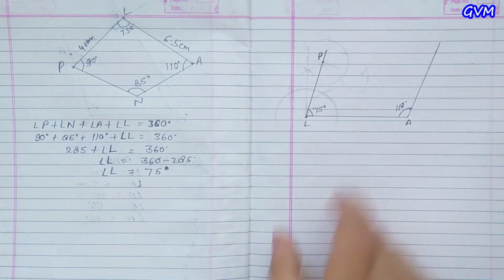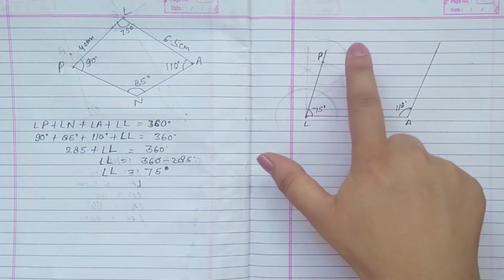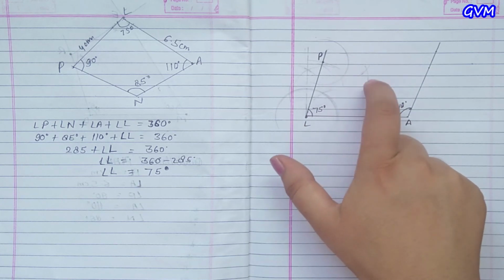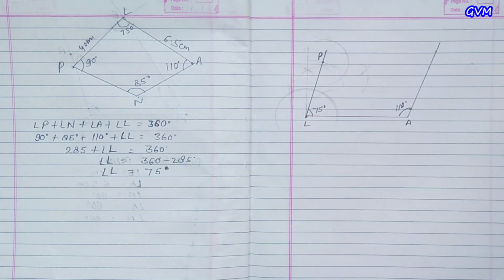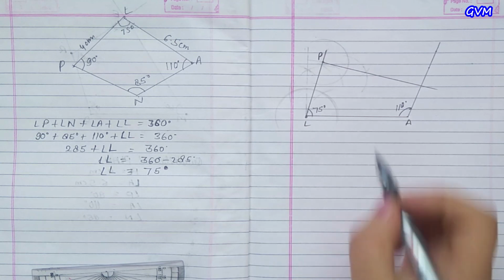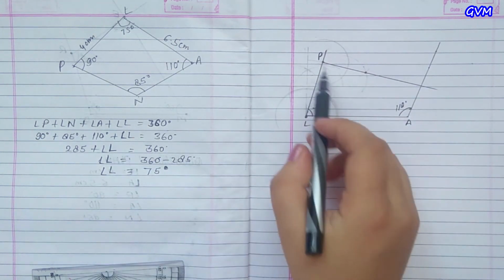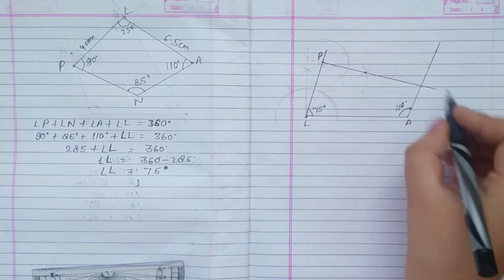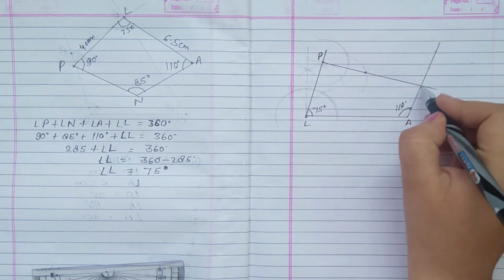Okay, now the intersecting of these 60 and 120 will give us the point where we can make a 90-degree angle. So let's join them. By joining the point P and the intersecting point, we have this line that is intersecting this line here.